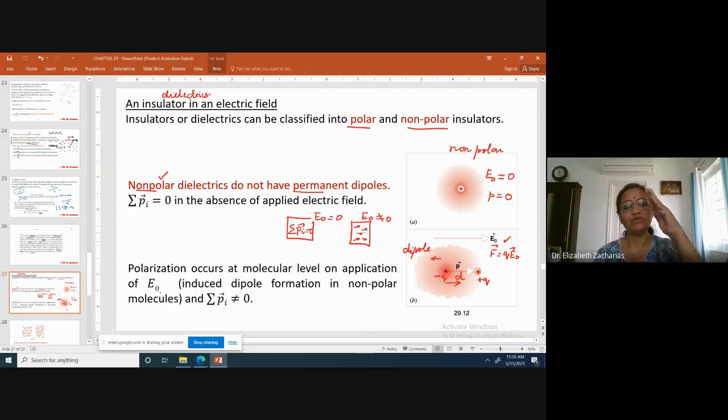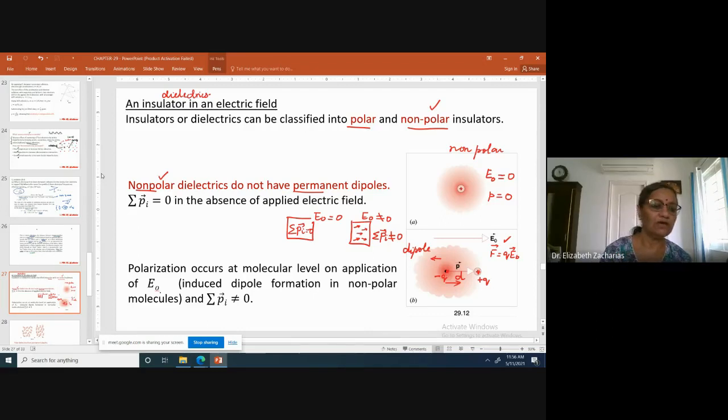A dipole always wants to orient itself in the direction of the electric field. That perfectly will not happen because of the thermal effect, but almost an alignment will be there. Therefore, the net dipole moment will not be equal to zero. There is a net dipole moment. This is what happens in the case of non-polar insulators or dielectrics.